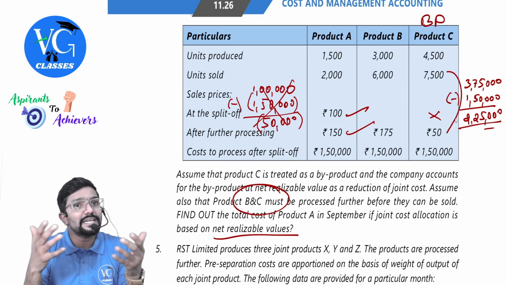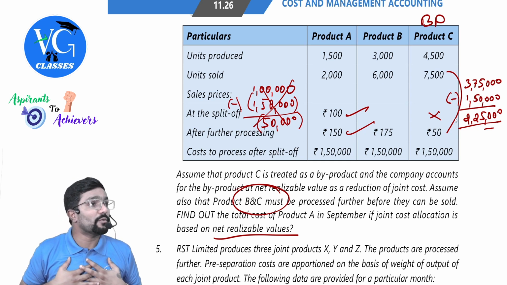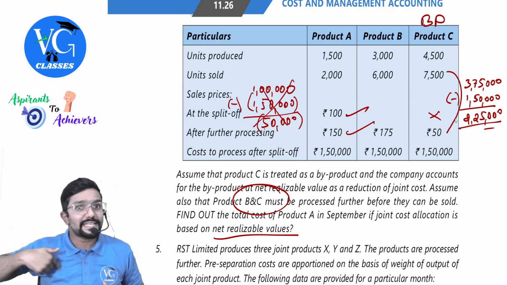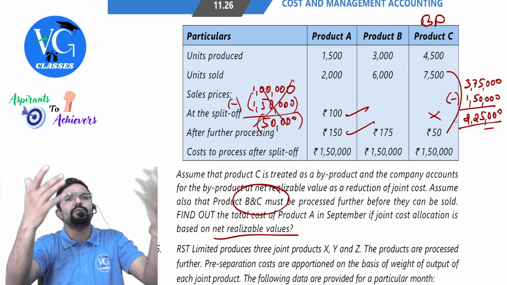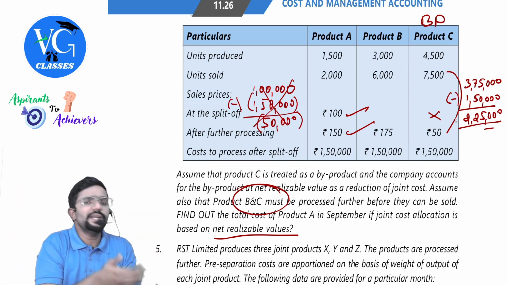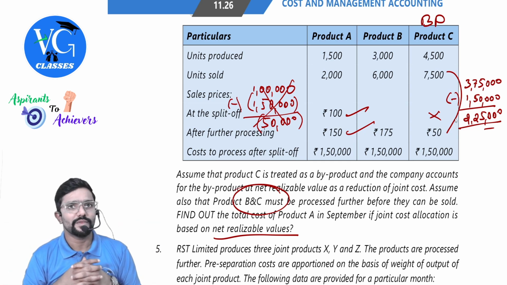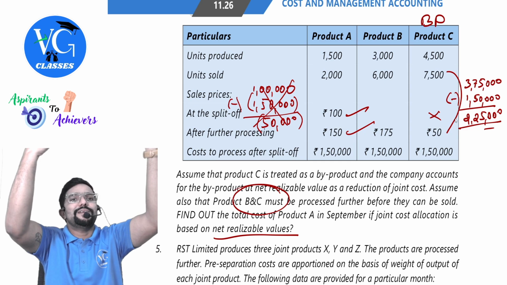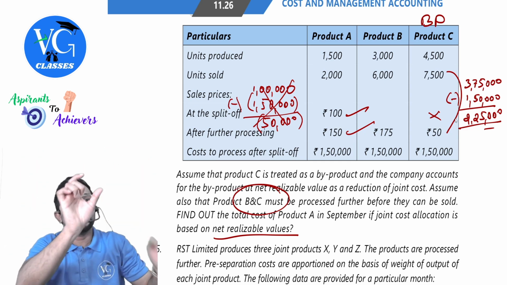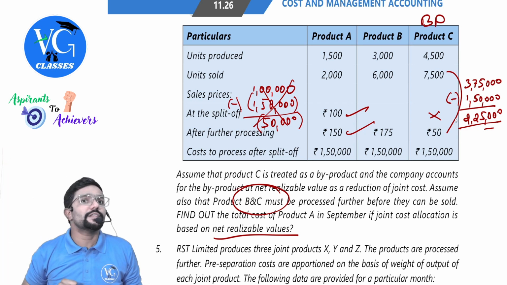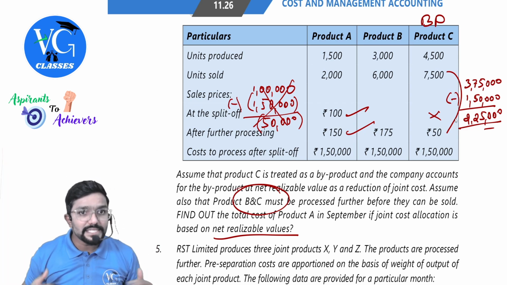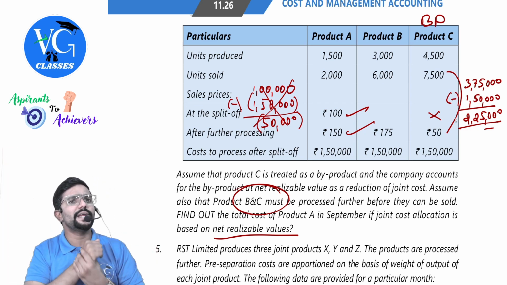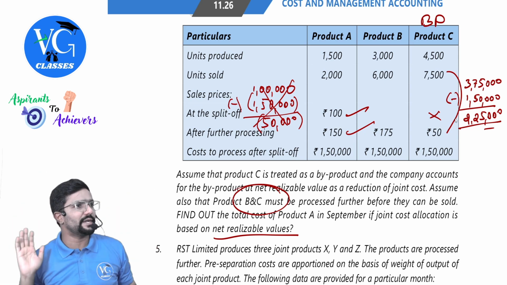In that situation, we would not yet have decided what to do. Maybe they will only ask our suggestion. At the end, we will tell this is what you have to do, either sell at split off point or by further processing. So in that case, before the decision, if I am calculating net realizable value, I will calculate sale value after further processing. And in this scenario, the company has already decided I will sell A at split off point.